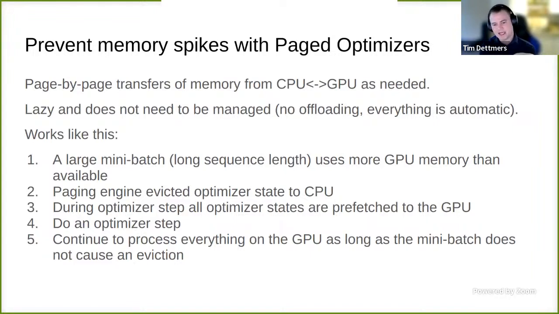If we need to do an update on the optimizers, they are transferred again from the CPU to the GPU, and the update can be made. With that, we have guarantees. If your fine-tuning run starts, it will complete. It will not run out of memory. This gives much more convenience, and you can prevent memory spikes if you have a couple of long documents.